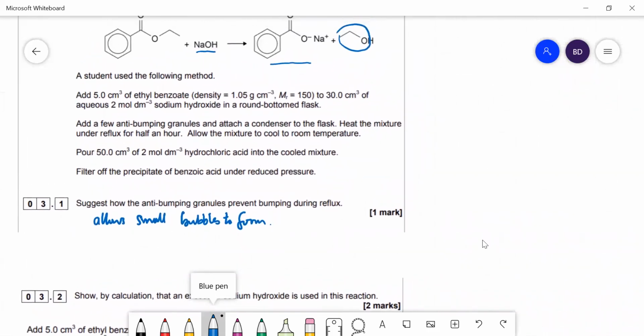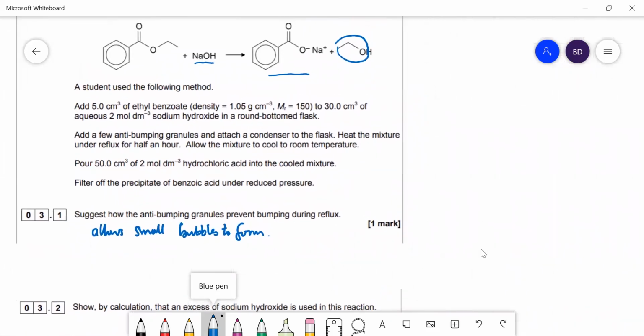Well, if you look at the ethyl benzoate and the sodium hydroxide, they react in a 1-to-1 ratio. So let's work out the moles of ethyl benzoate here. So first of all, we've got 5 centimeters cubed, and they give us the density. So right, the mass of ethyl benzoate, I just write mass ester, is equal to volume times density. So it's 5 centimeters cubed multiplied by, the volume is in centimeters cubed here because the density is measured per centimeter cubed, times 1.05.